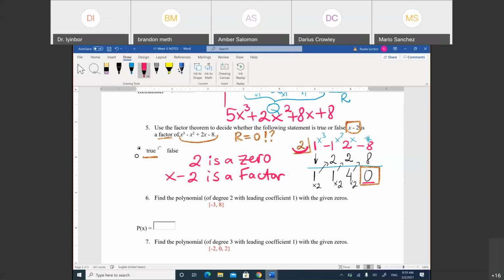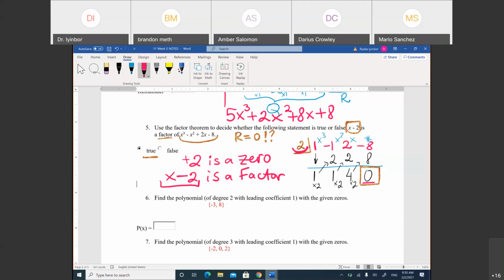So these are the terms. The number is a 0, x minus 2 is a factor. Now you notice they're opposite, right? This is positive 2 in front of the table. This is minus 2 in the factor. Okay, the factor is x minus 2. So that's what you're going to use for the next one, number 6 and number 7.